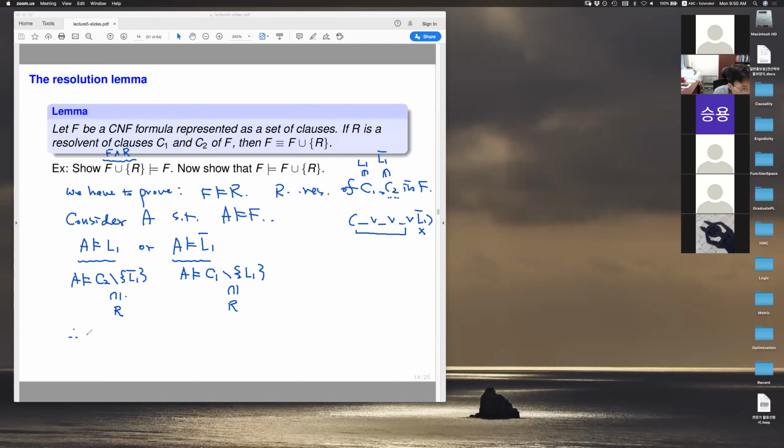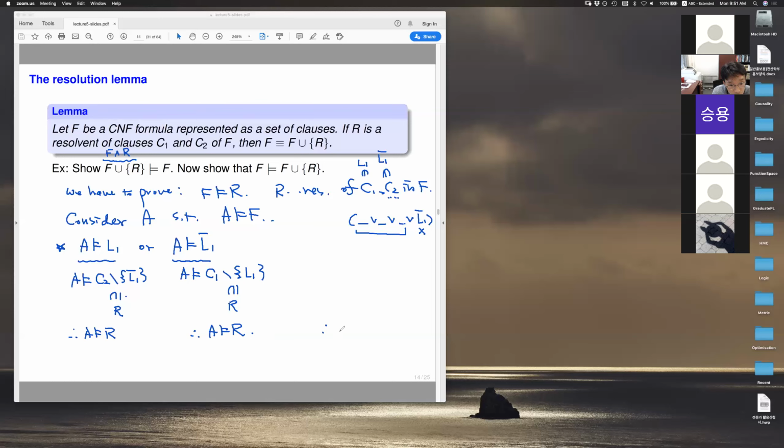So A will satisfy R in this case, and A will also satisfy R in the other case. So really the key step is that we do case analysis on the canceled literal, and that case analysis guides us whether R is going to satisfy something from C2 or something from C1. One of them is always true, so that's why A will always satisfy R.